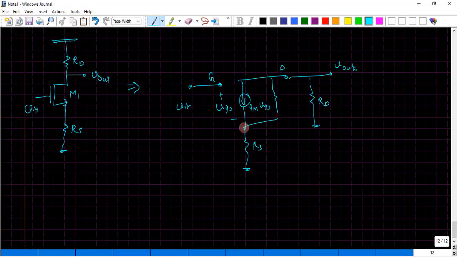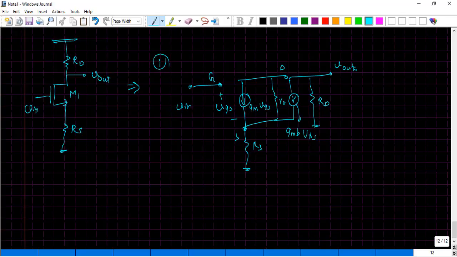And then whenever there is a channel length impact, we'll have a resistance R0, and then there is again a current source, whose value would be gmb times Vbs. This current source comes into the picture whenever there is a potential difference between the source and the body. In this case, the body is at ground potential, whereas the source is not at ground potential. So this is step number 1.